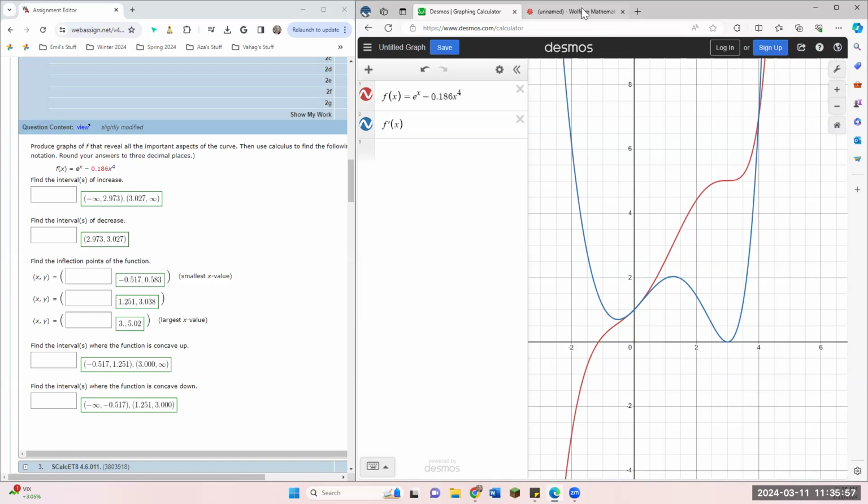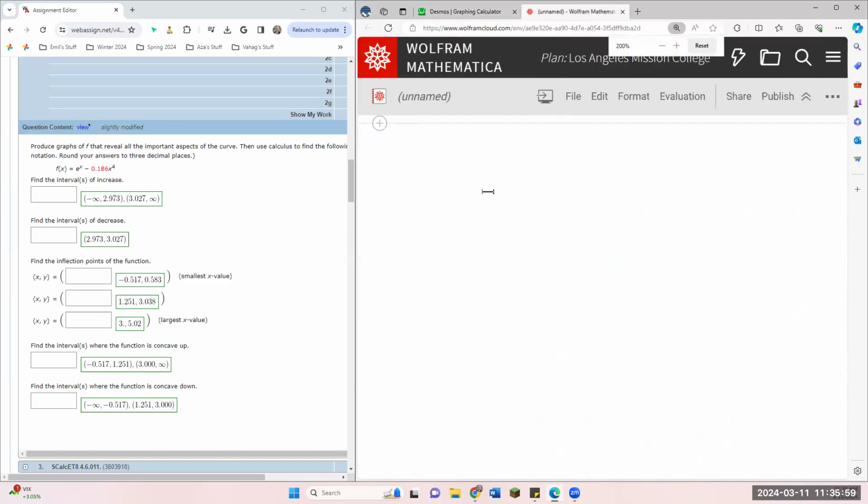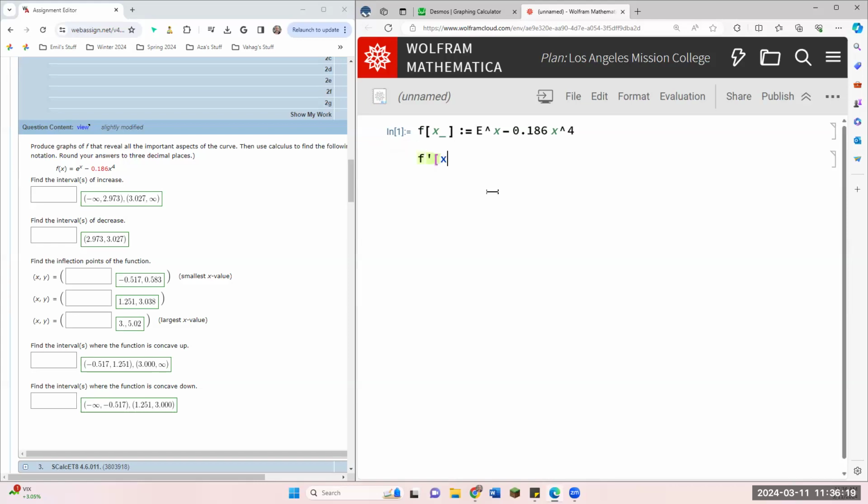So to double check that nothing mysterious is going on, we're going to use the Wolfram Cloud system. I'm going to define the function first of all. Of course, we use capital E to represent the Euler constant. Then I'm going to ask for its first derivative, set it equal to 0, and ask Wolfram to solve this equation for x.